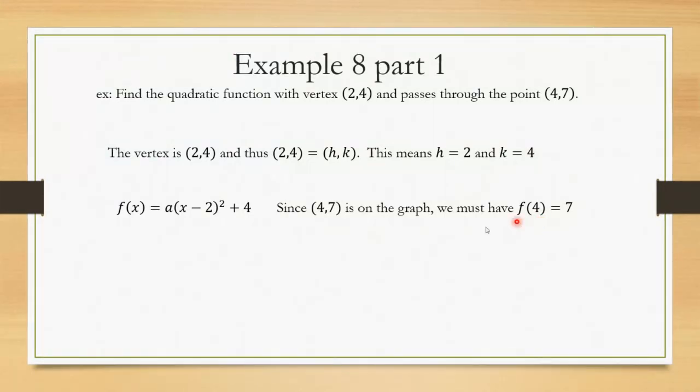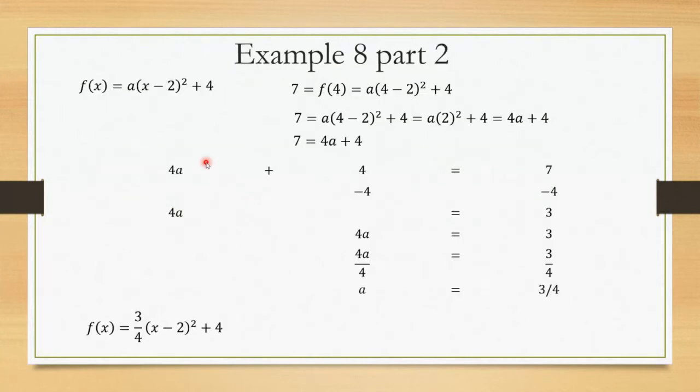So in other words, when x is 4, this whole thing has to equal 7. And we can use that to figure out what a is. Namely, we have 7 equals f of 4, right? That's what we said.